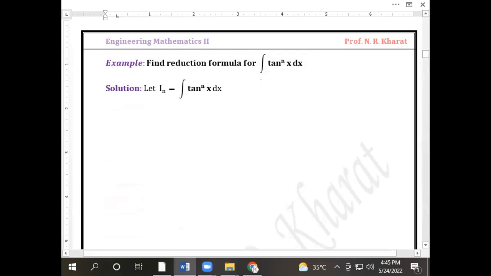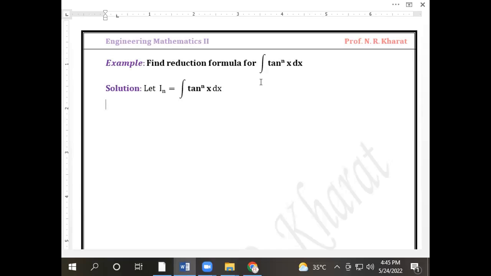Then the second most important step to derive the reduction formula is to split the index of your tan into the form of functions such that one function's integration can be calculated very easily and the second function's derivative is calculated easily.